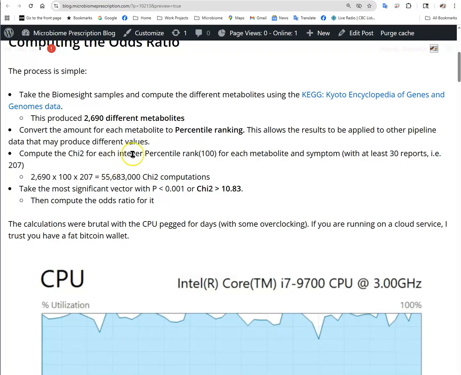And now we convert the metabolites for each sample into percentile ranking across all the samples. Why percentile rank? Why not just have how much it is? The reason is simple. Somebody doing it a different way may get different absolute numeric values, different percentages of each metabolite. But if you convert it to percentile ranking, chances are the percentile rankings are going to be very close, no matter how you calculate the metabolite amounts.